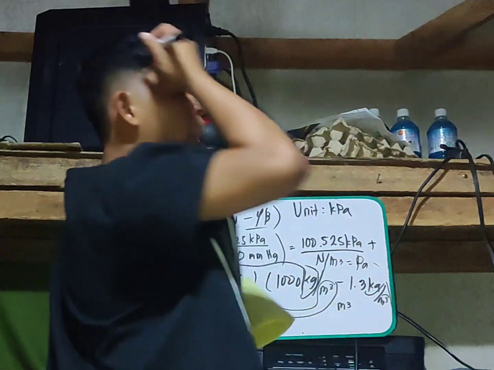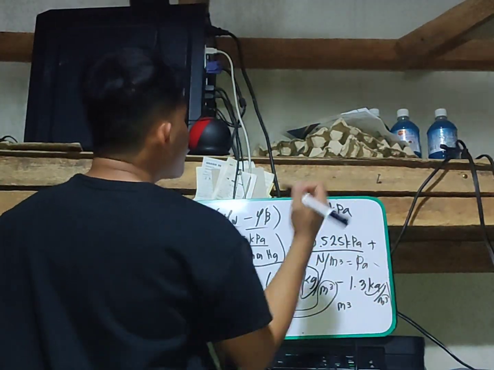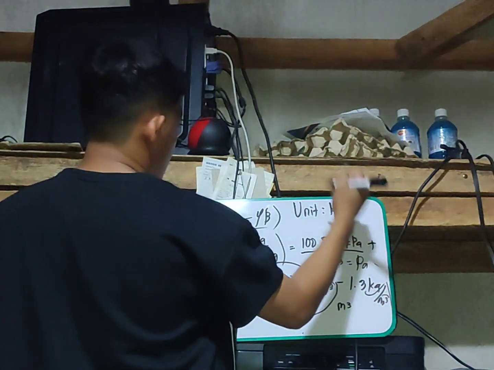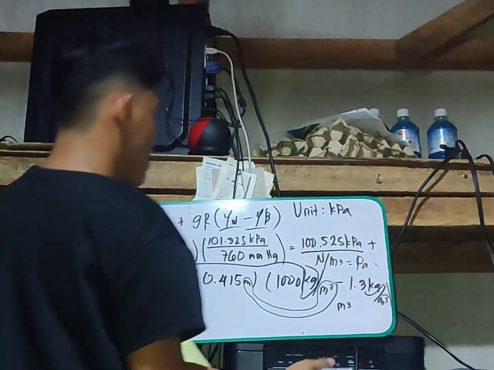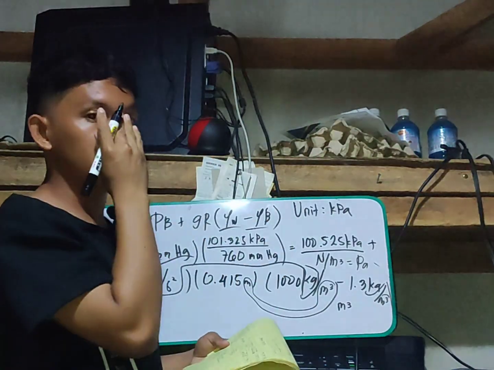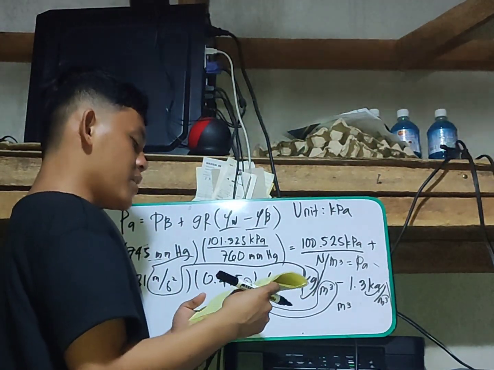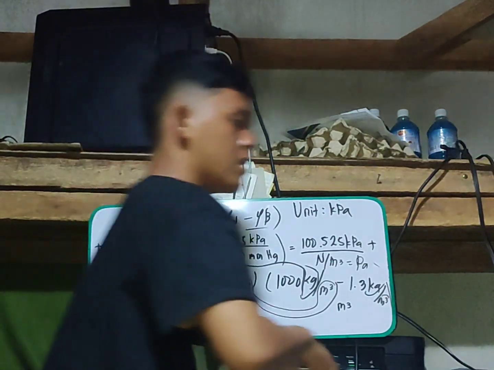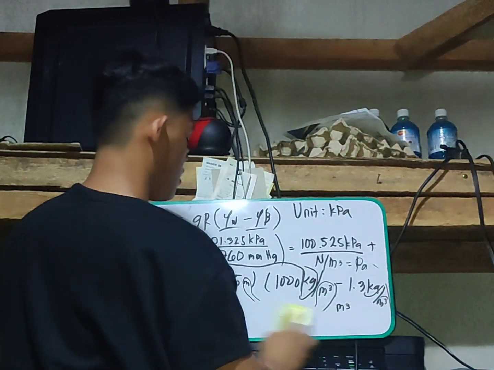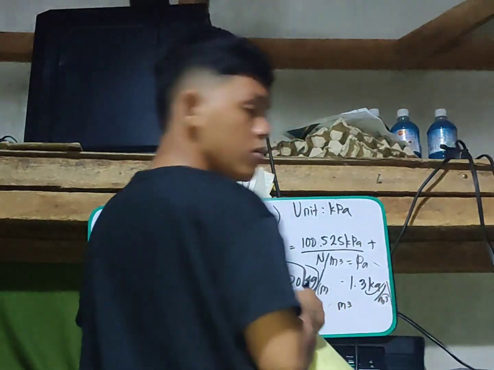Pero, sabi ko nga, parang ganun din sa ginawa natin kanina, ang ating unit here is kilopascals. So, para makuha natin siya, paulit-ulit na lang natin ito ginagawa. So, i-convert natin siya into kilopascals. Paano? Ita-times natin to lahat-lahat.